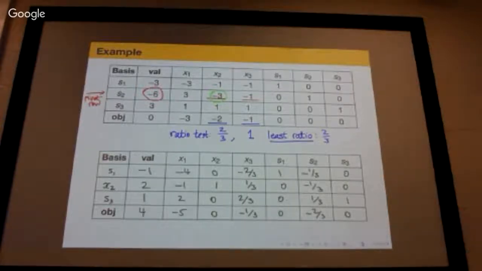Any suggestions about this tableau? Is it any good? No, still got minus. Exactly, that's still a minus 1. So what would you propose? Same thing again. Yeah, that's quite right.